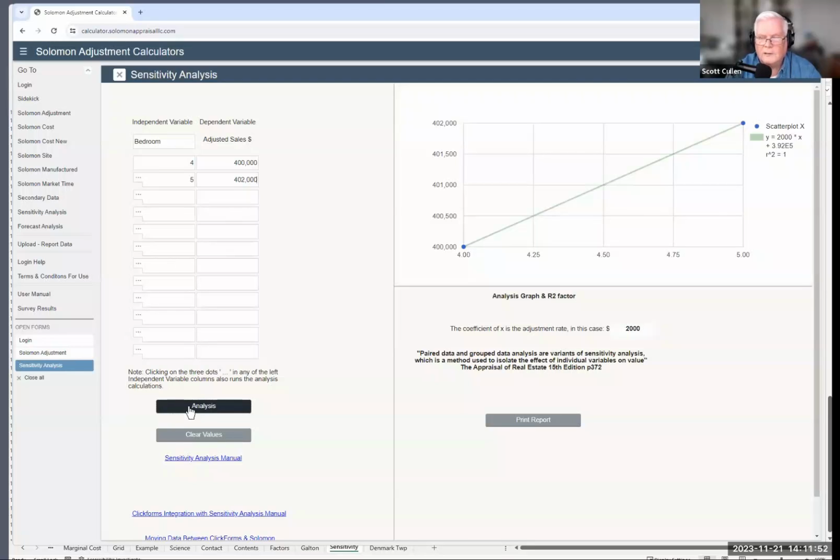Click analysis, and we discover this $2,000 bedroom adjustment, which would warm the heart of my dear mentor, Jim, because he thought bedrooms were adjusted at $2,000 a piece, whether it was 3 bedrooms, 4 bedrooms, 5 bedrooms. But every once in a while, he will confirm something that you already believe, which is called confirmation bias. So please don't get caught up in confirmation bias.